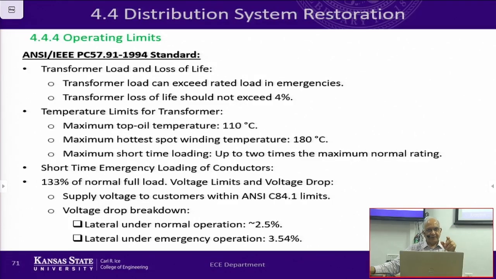And the windings, which are very close to the core of the transformer, the hottest part of the winding should not exceed 180 degrees. So basically, all these things are done with calculations, but now they have devices, sensors that can be embedded inside the transformer to measure in real time the temperature of the oil as well as the windings.